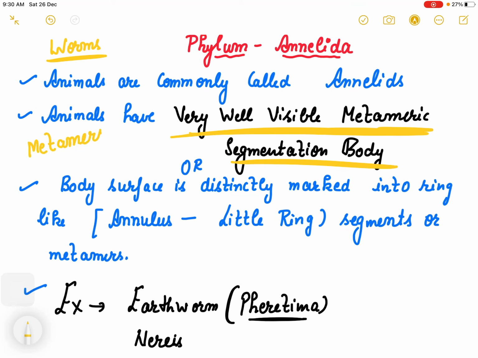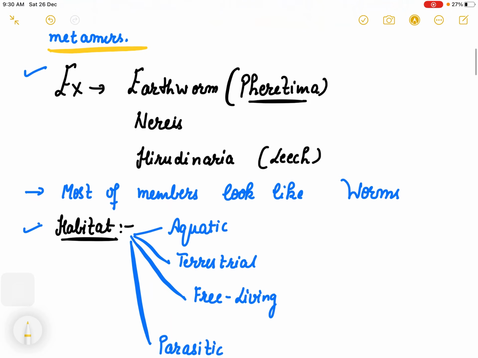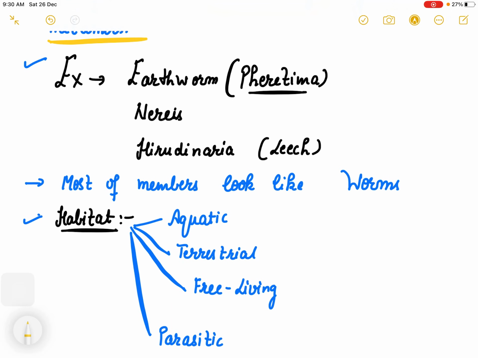So the reason they have these little rings is the reason the phylum is named Annelida, right? And the examples which we are going to discuss throughout the lecture are earthworm, which is also known as Pheretima, Nereis, and Hirudinaria, which is your leech.